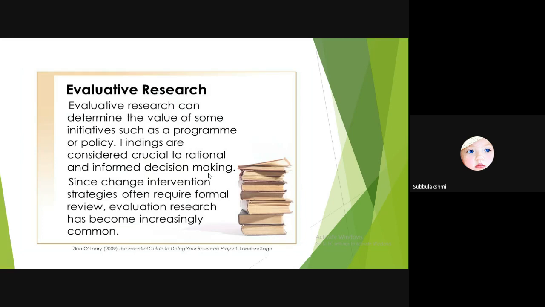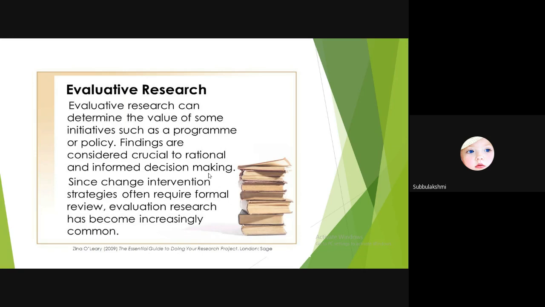Next, ma'am. This evaluative research determines the value of a program or a policy. It is mostly used with economics or business research. The findings are very crucial in decision making, because decision making is derived based on the evaluation. So change intervention, strategies and a formal review, all of these have become very common.